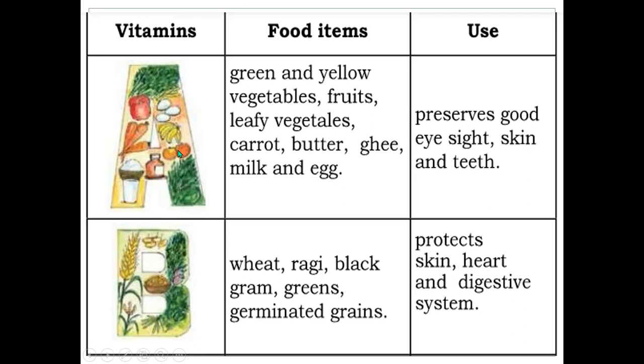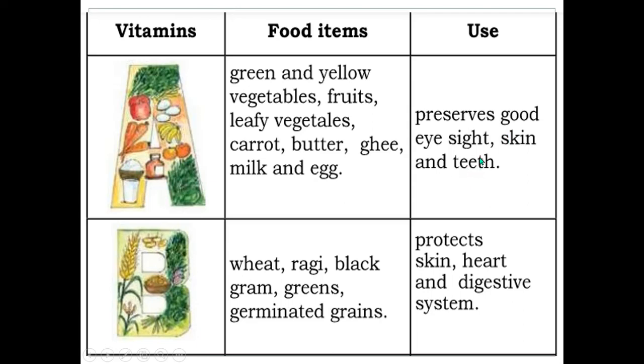What is the use of vitamin A? If we eat food items containing vitamin A, it preserves good eyesight. It also gives us good skin and good teeth.